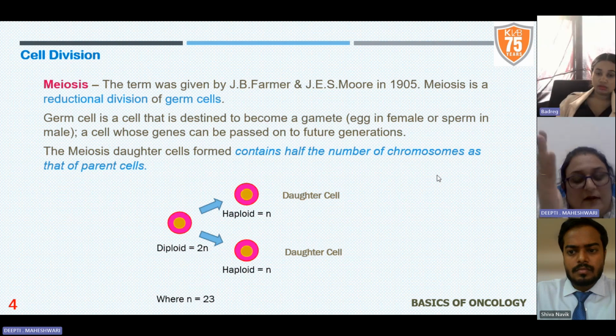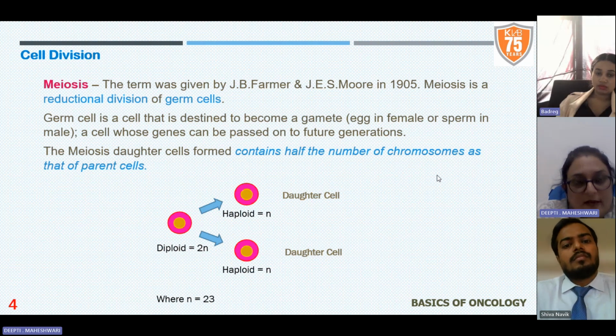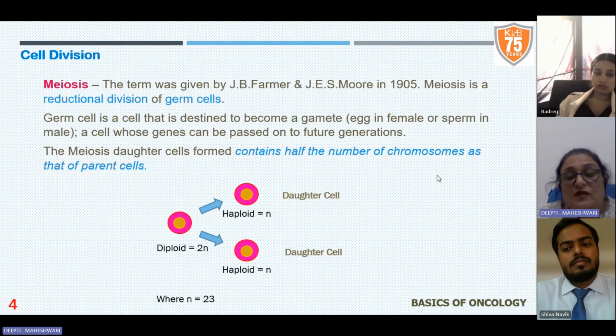Meiosis occurs in the testes and the ovaries, and these are the organs responsible for reproduction. So when the sperm cells and the egg cells have to multiply, they undergo a process called meiosis. In meiosis, the parent cell divides into two daughter cells, but they have just half the number of chromosomes of the parent cell. So this is what is happening in meiosis.